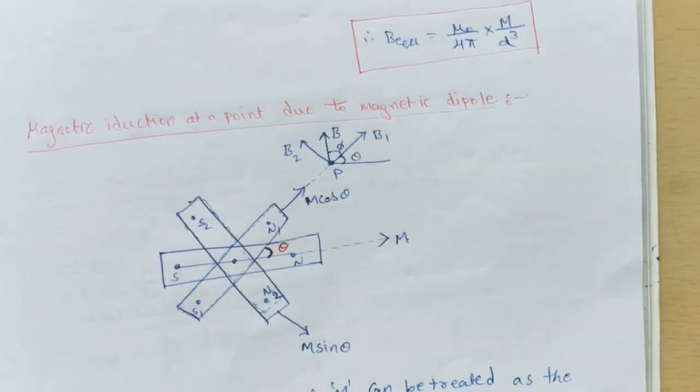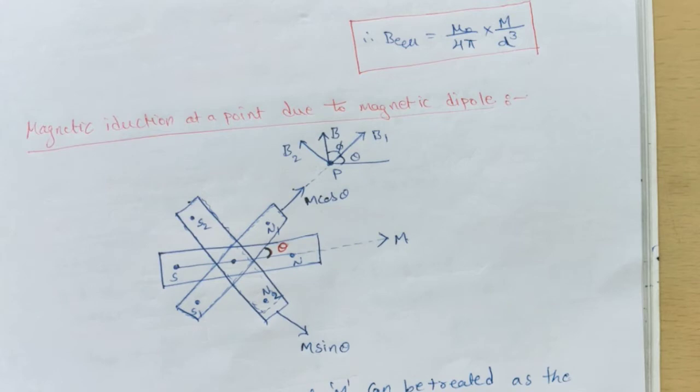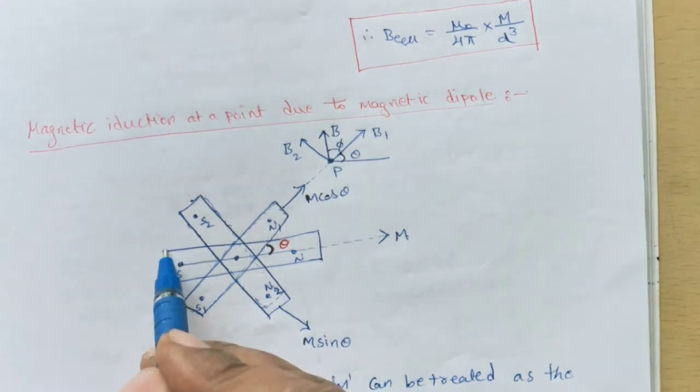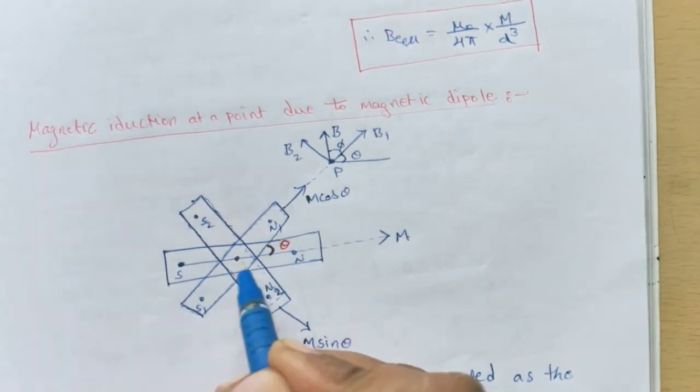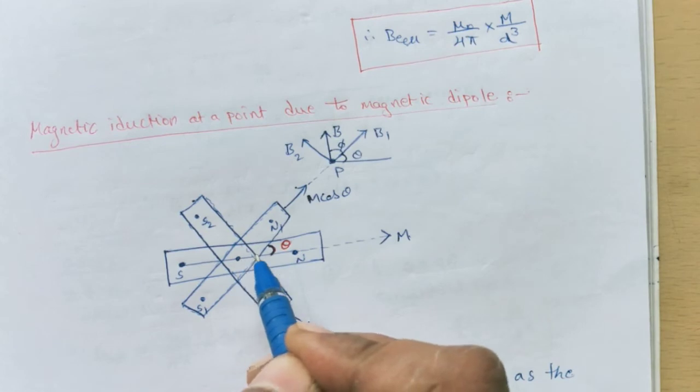This is the last and final case, students. Magnetic induction at a point due to a magnetic dipole. Now in this situation, we are not taking the point on the axial line, and we are not taking point P on the equatorial line. We are taking any other point. Just observe carefully, students. Initially the magnet is present. This I have taken as the south pole and this one as the north pole.